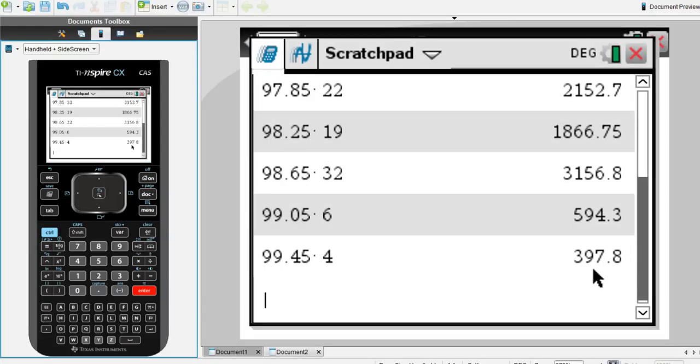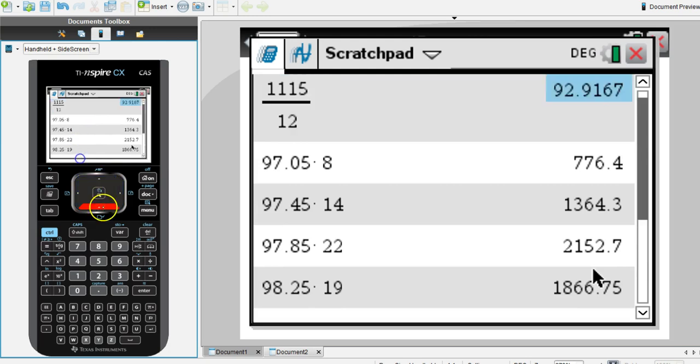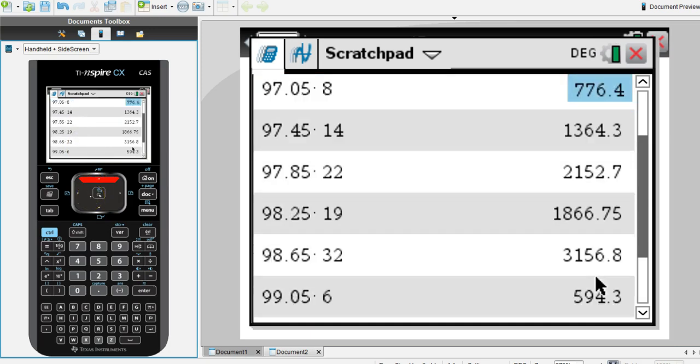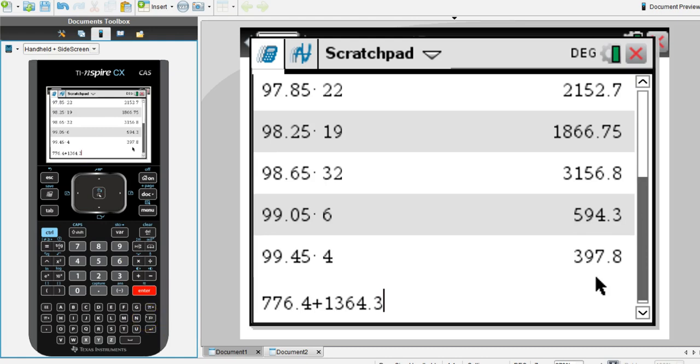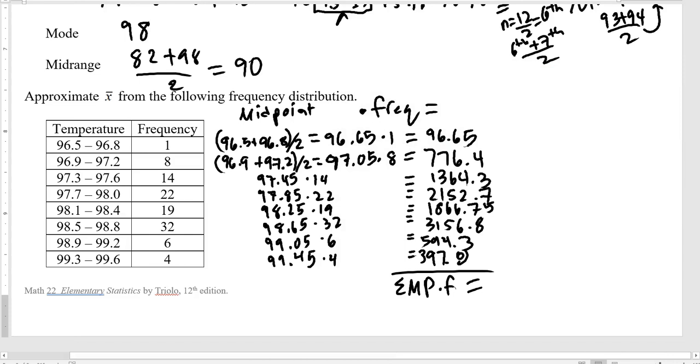So I'm going to cheat a little bit. What was our top number? That's our first number. Plus, our second number? Did I get the times 1? Gosh, I didn't do that. I missed the first number, 96.65, and then the 777.